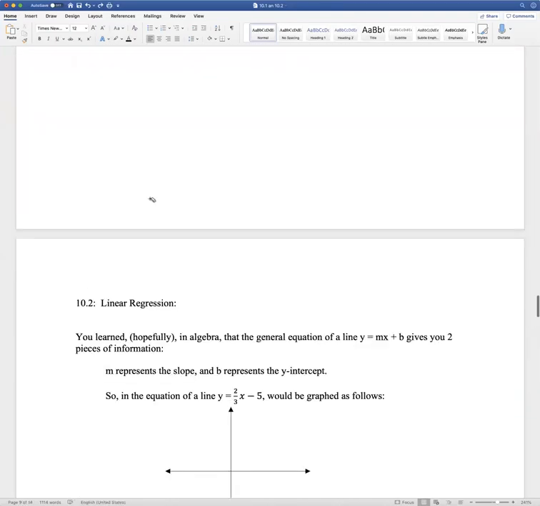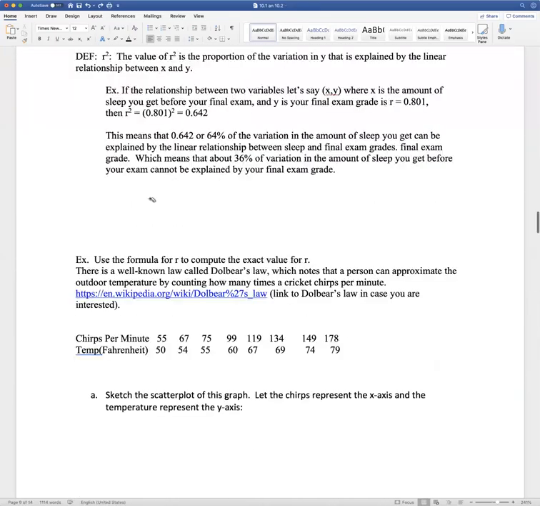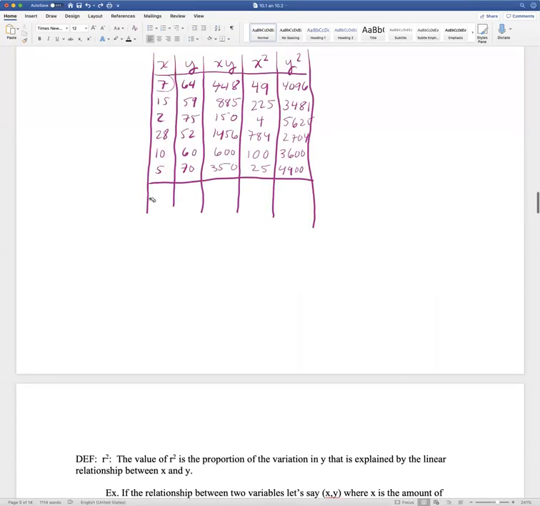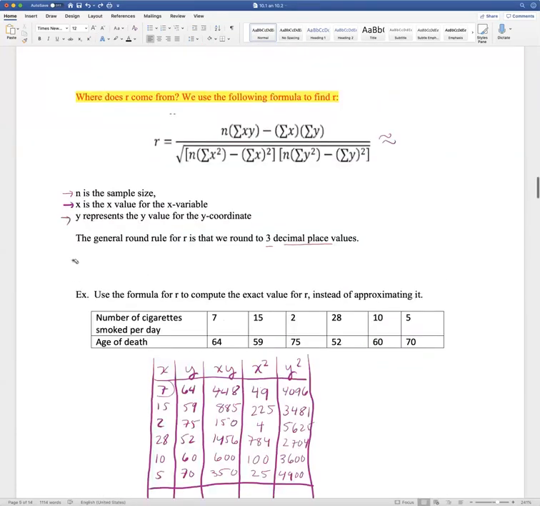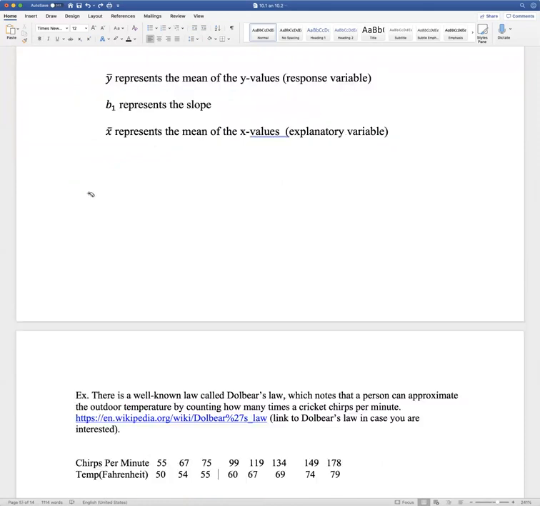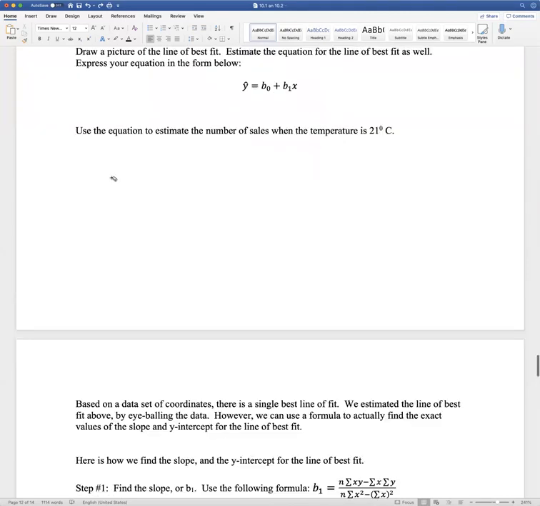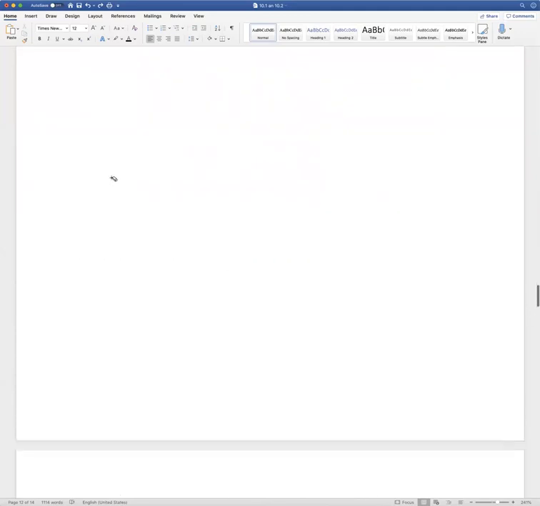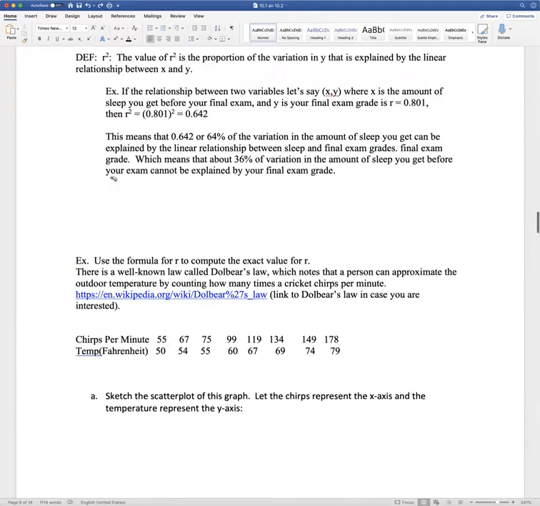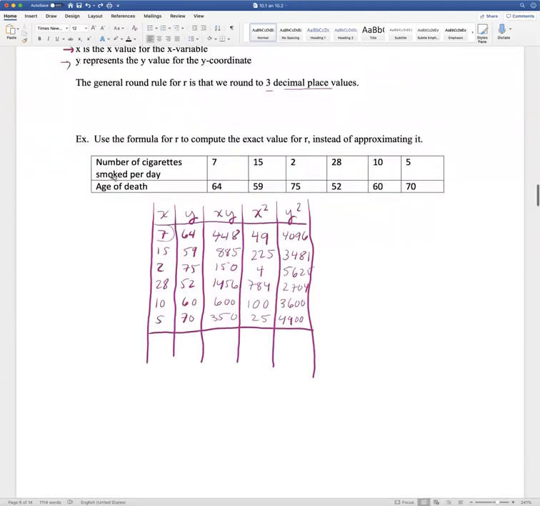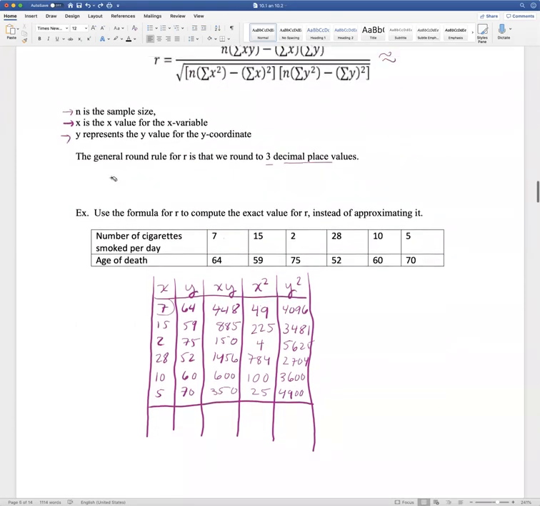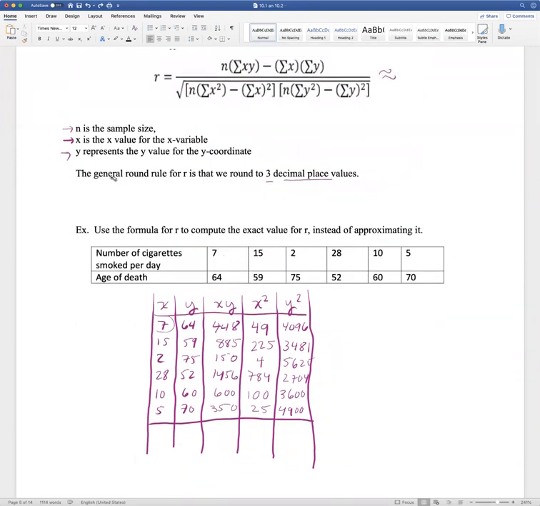It's not happy with me right now. Okay, so I'll just leave that alone because I don't want to spend all my time playing with this over here. All right, so what I want to make sure that we're comfortable doing is plugging this information into the formula. So let's get this information into the formula.